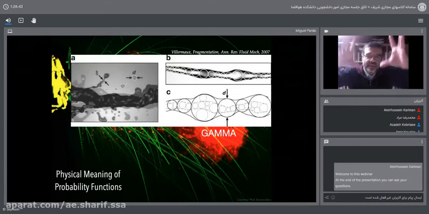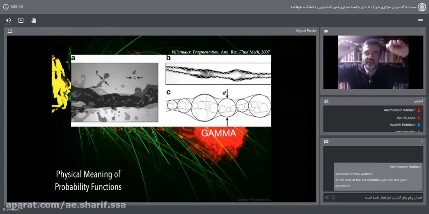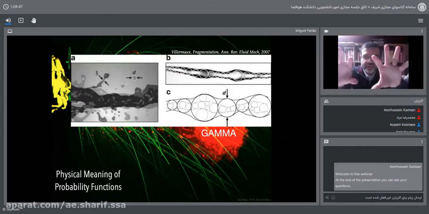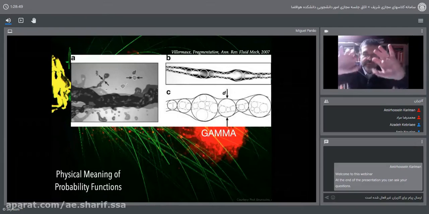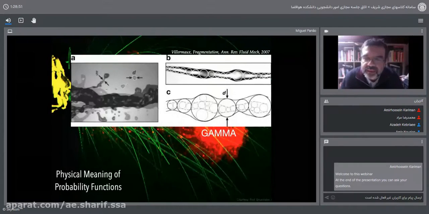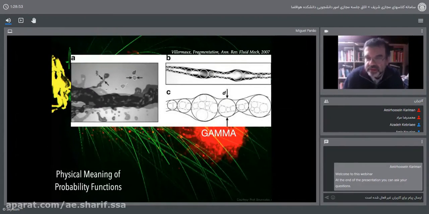And once the ligament breaks into droplets, the distribution of these blobs at that time should follow a gamma distribution, and this is the distribution that will best fit the spray characteristics at that point in time. So the use of a gamma distribution is a process that is temporal, I would say.